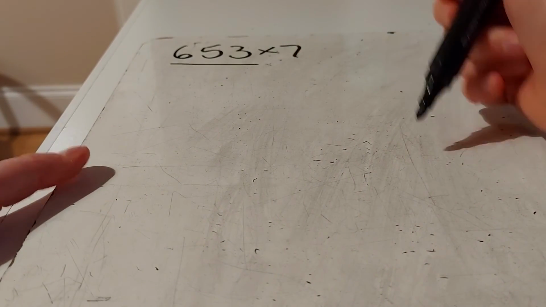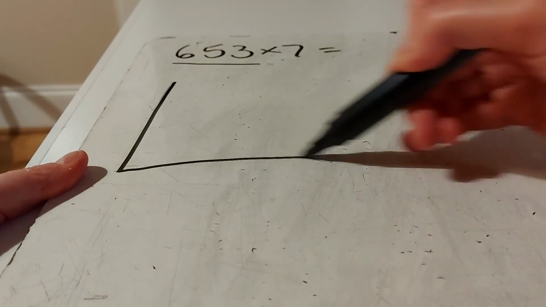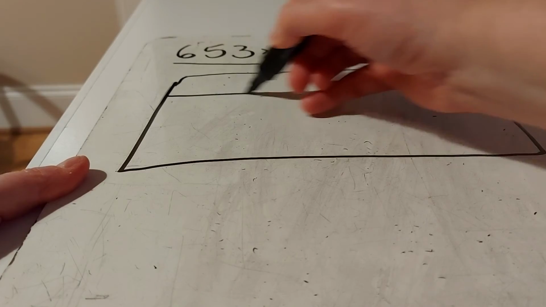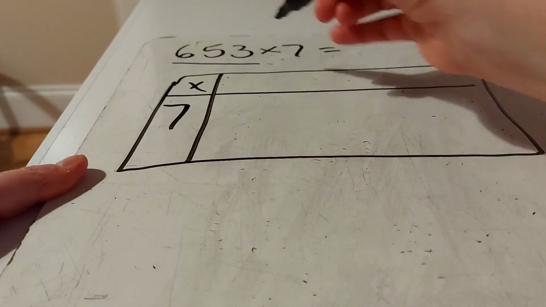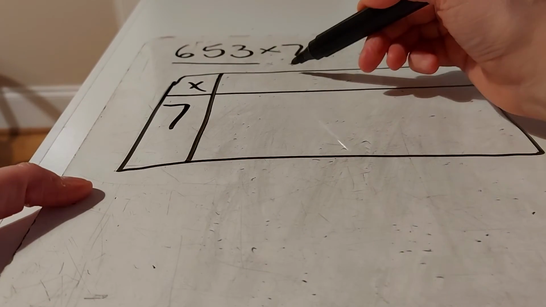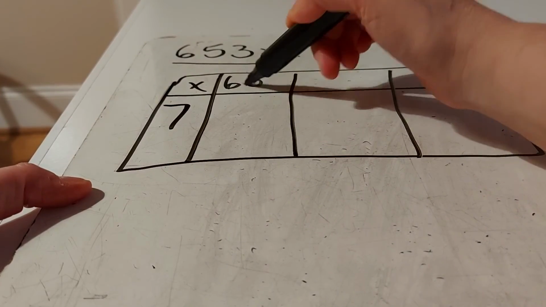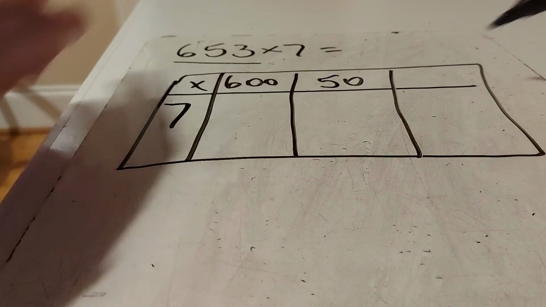This time it's a 3-digit number, okay? So basically you would need a bit more space. So I'm drawing a rectangle, okay? We're multiplying by 7. And we would split or partition these into their relevant parts. So we would have 600, 5 is worth 50, the 3 is worth 3.